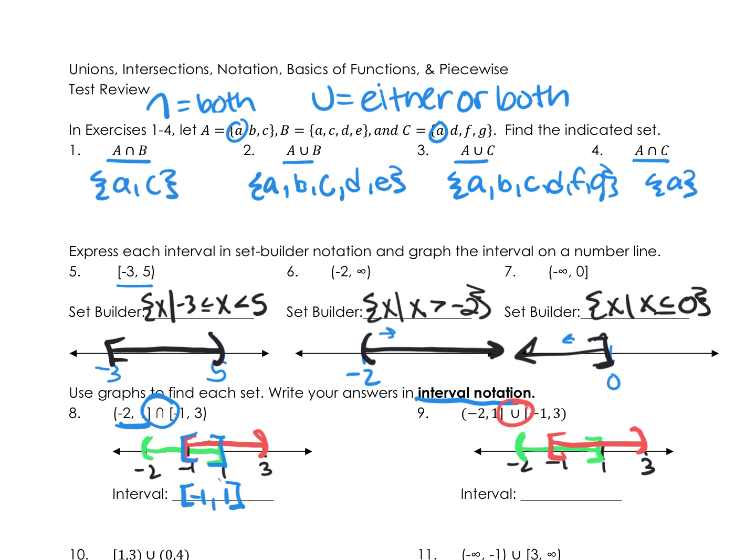So that'll be anything from -2 to 3. So we need to write that in interval notation. So we'll write this as -2 with a parentheses, because there's a parentheses on -2, all the way to 3 with the parentheses because there's a parentheses on 3.